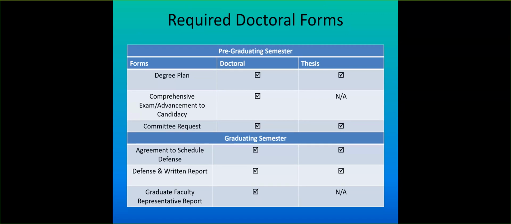And then a graduate faculty representative report from your GFR, and they turn that in themselves. For thesis students, we have all of that, except we don't have the comprehensive exam or the graduate faculty rep report, but everything else is the same.